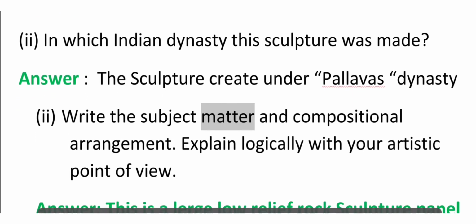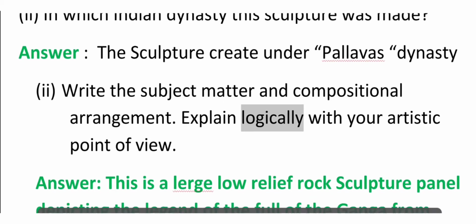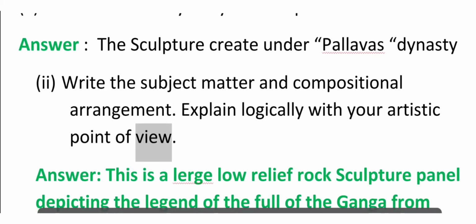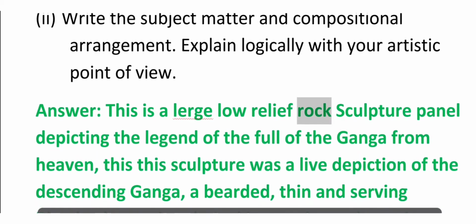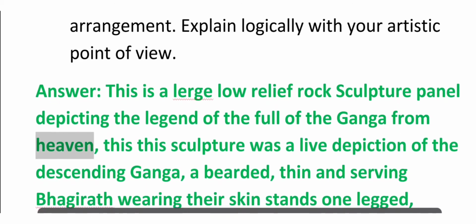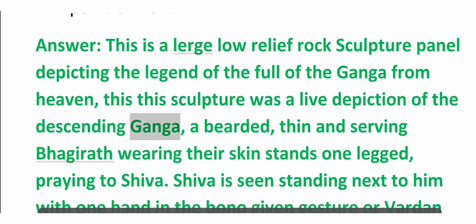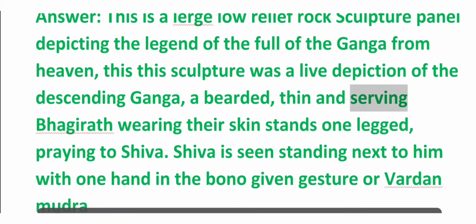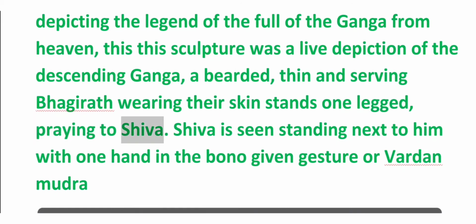Write the subject matter and compositional arrangement. Explain logically with your artistic point of view. Answer. This is a large low-relief rock sculpture panel depicting the legend of the fall of the Ganga from heaven. This sculpture is a live depiction of the descending Ganga. A bearded, thin Bhagirath, wearing animal skin, stands one-legged, praying to Shiva.